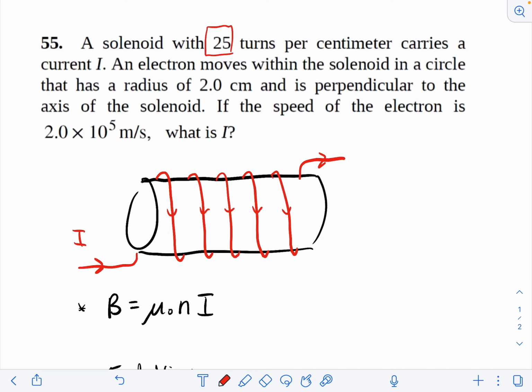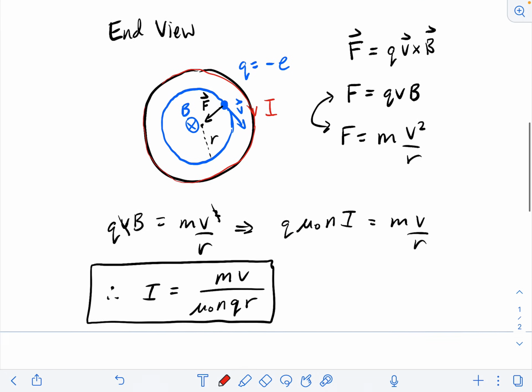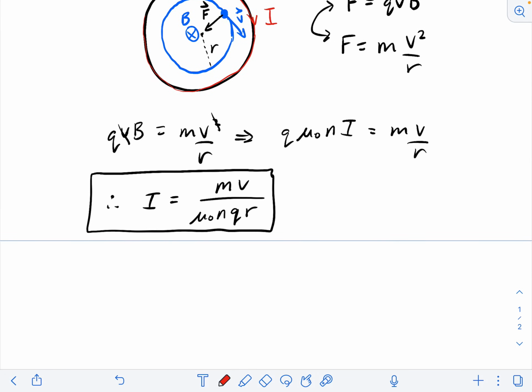We have the radius of the circular motion, and we have the speed with which the electron is moving. All three of those things can be randomized. If our charged particle is an electron, the mass and the charge are fixed.